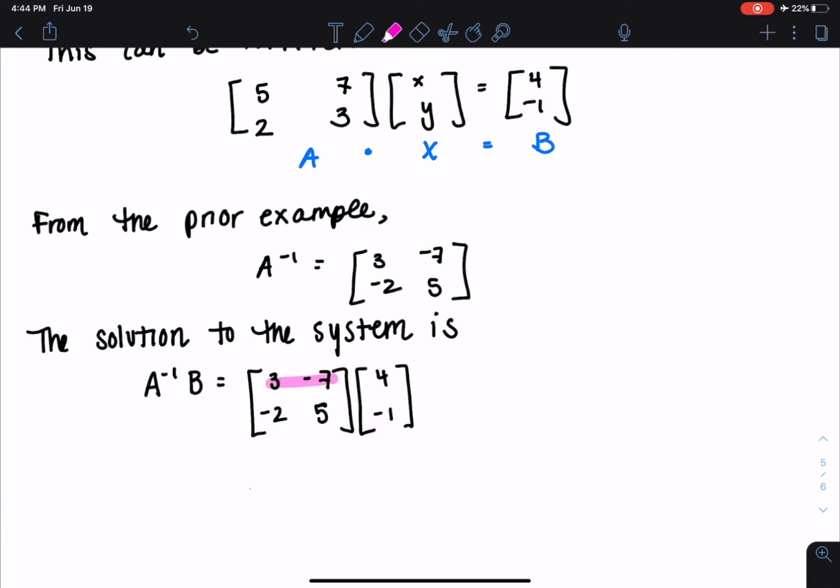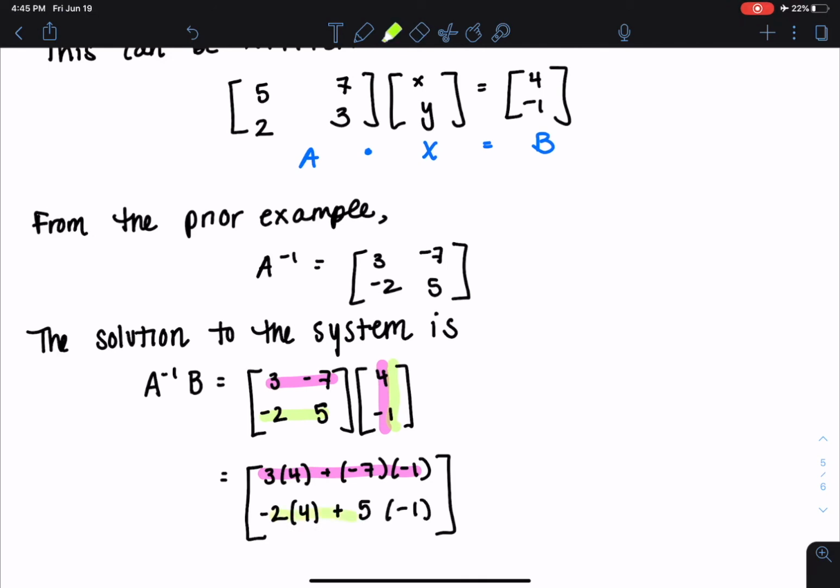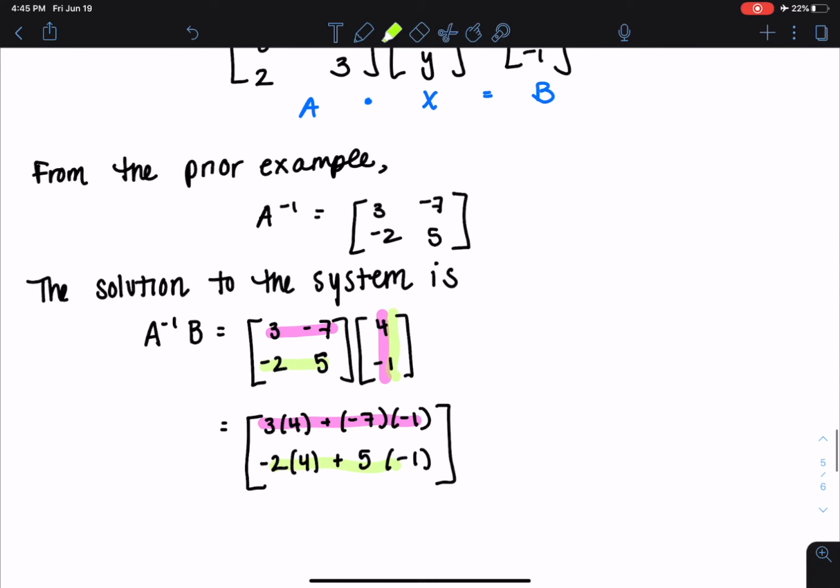I'm going to take my first row, multiply it by the first column. So we get 3 times 4 plus 7 times -1. Then we take our second row, first column, to give us -2 times 4, plus 5 times -1. So now we just need to simplify.